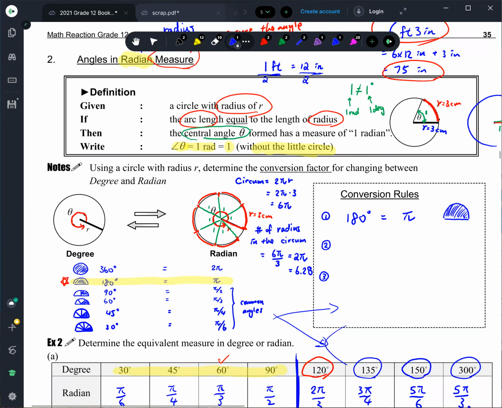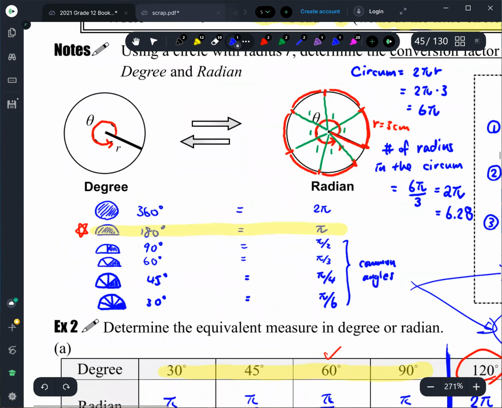Cut into 3 slices, pi over 3, right? So here we have a picture, easier to remember with a picture. 90 degrees, 60 degrees, 45 degrees, 30 degrees. 30 degrees, you cut into 6 pieces.